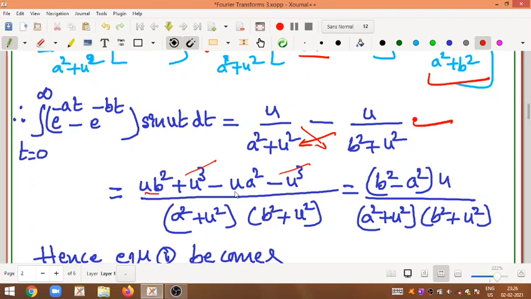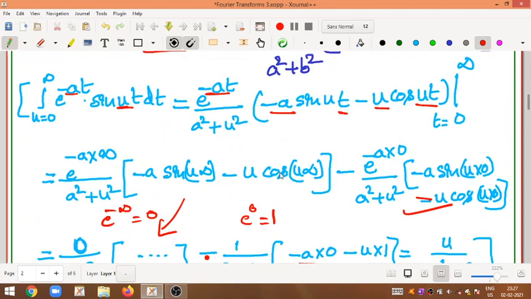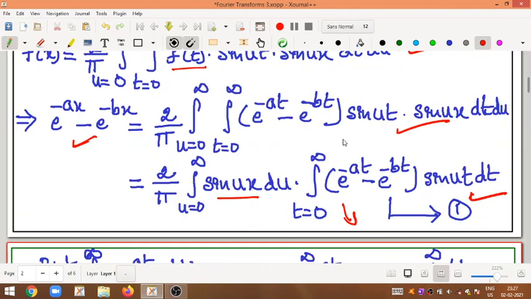Remaining in this term and in this term, u is there, so u is taken common. Remaining here is b square minus a square by this term, as it is. So hence equation 1 becomes this equation.